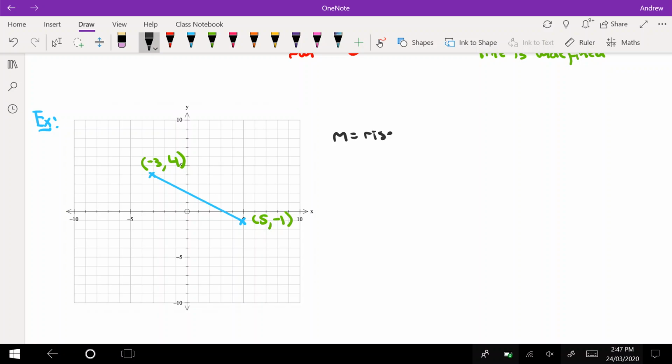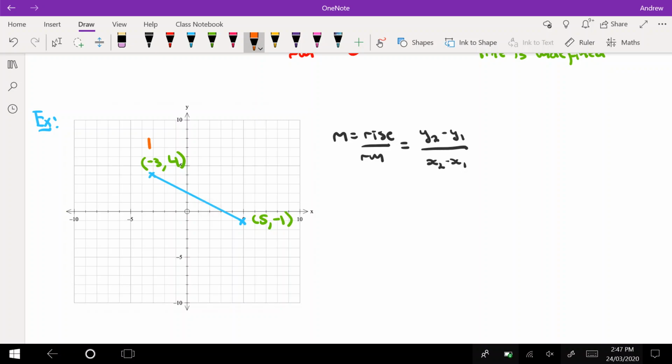So it equals rise over run. Or we can do our formula of y2 take y1 over x2 take x1. Now this is where making sure the 1 and the 2 is really set in stone. We read gradient from left to right. The point that's most on your left should be your point 1.